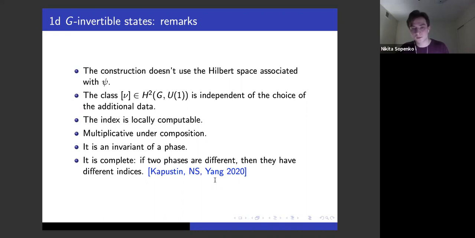And moreover, using our formulas, it is possible to prove that this is actually a complete invariant of the phase: if any two phases have different values of this index, they're in different phases. It's usually harder to prove completeness, and much easier to just define indices. But in the one-dimensional case, we can already obtain some completeness results.